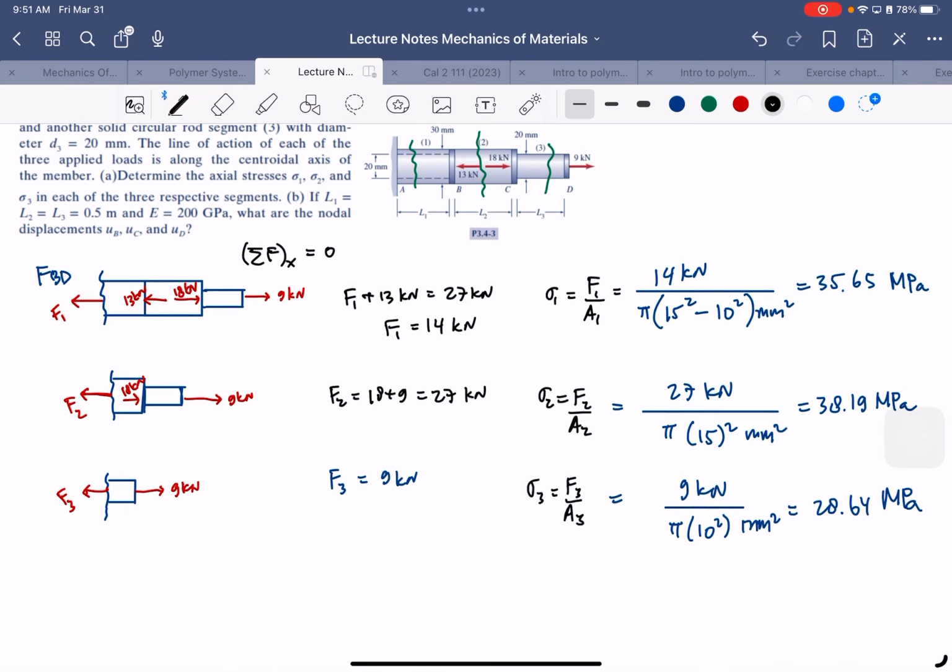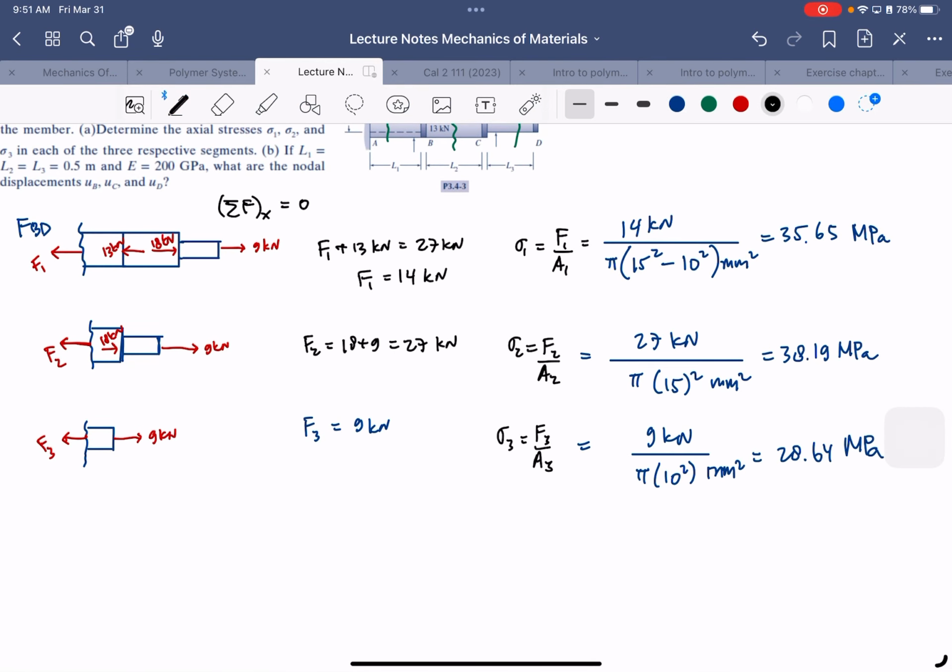Okay, and then each member will have an elongation, right? So all have elongations that are positive. So remember the formula, e is FL over AE.